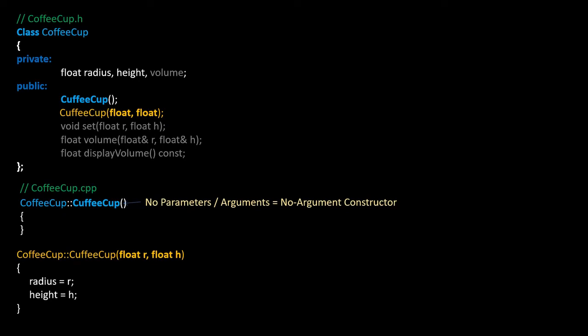Please note, if the no-argument constructor is not written in the class, this two-argument constructor would become the default constructor, and all coffee cups would be 3D printed according to this two-argument constructor, not the one above it that has no parameters or arguments. If there is no other constructor, this is the default constructor.